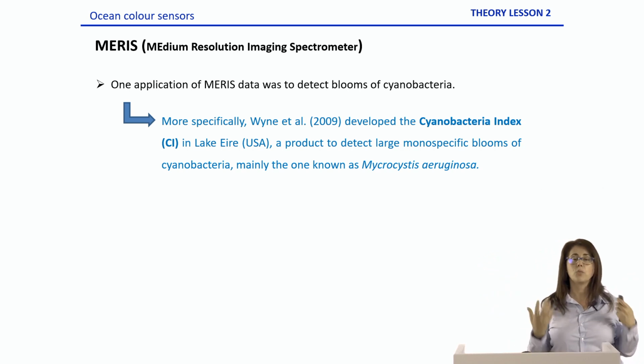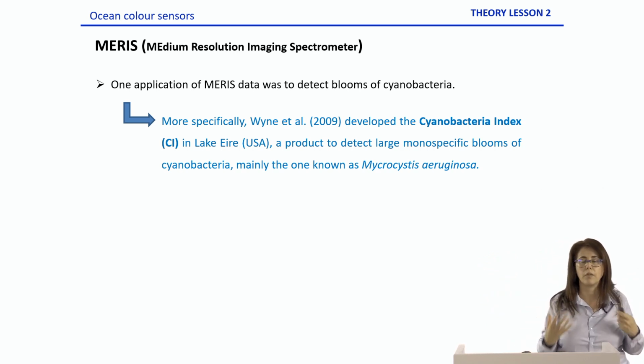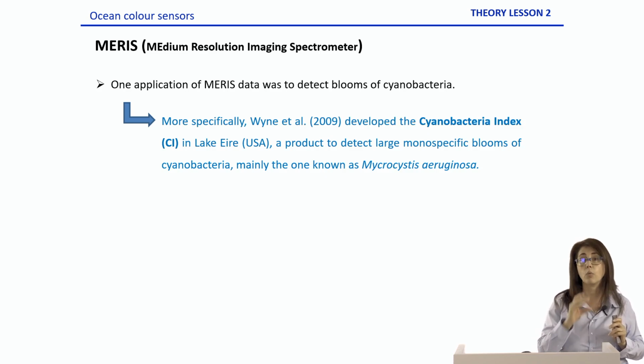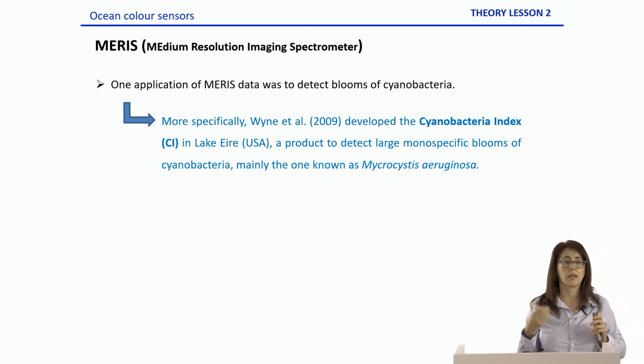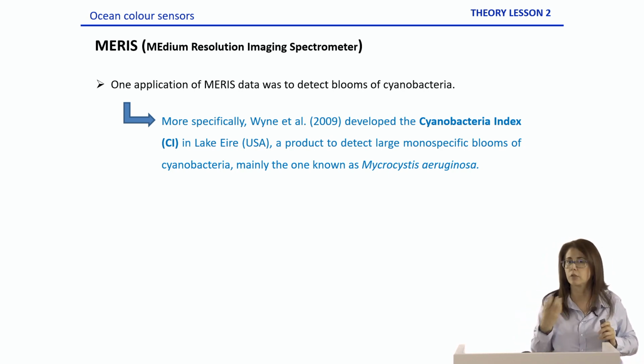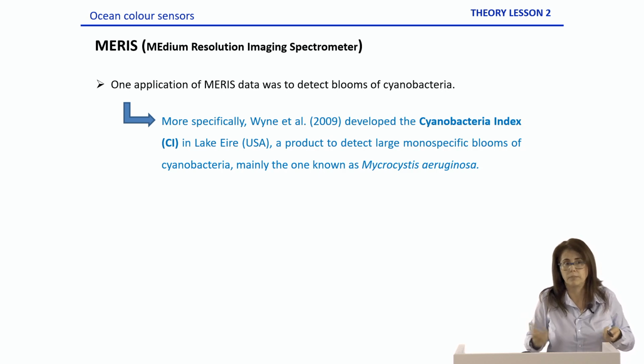Well, there is one equation, one algorithm that was developed to use MERIS images to detect these cyanobacteria blooms, specifically for Microcystis aeruginosa, which, if you remember, is a cyanobacteria that can produce microcystin, which is a very, very toxic toxin.